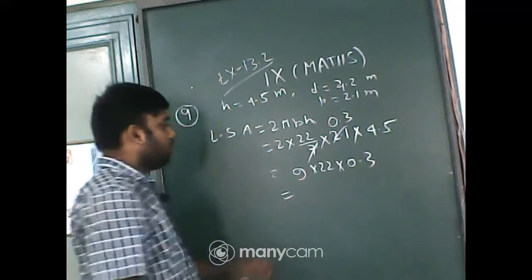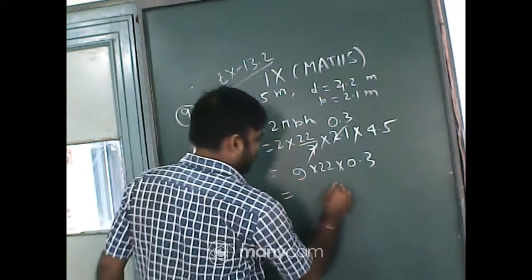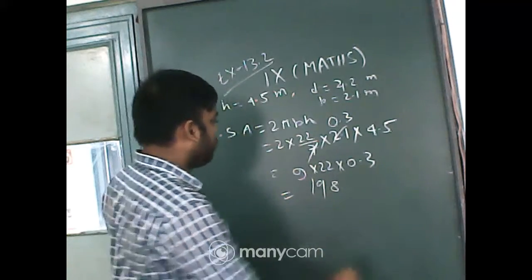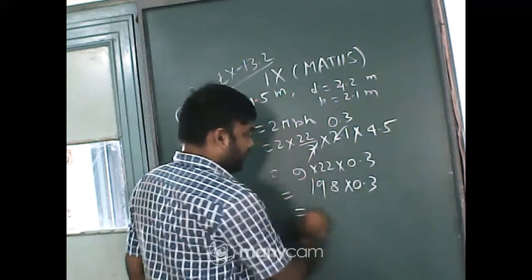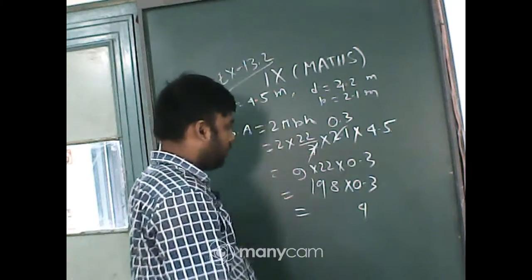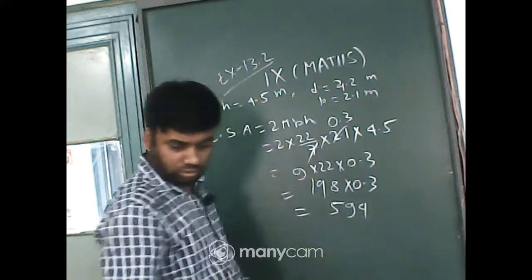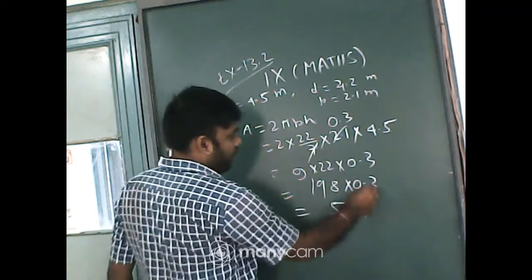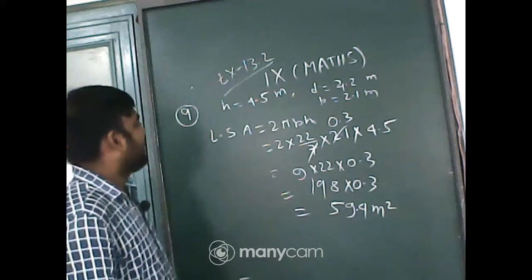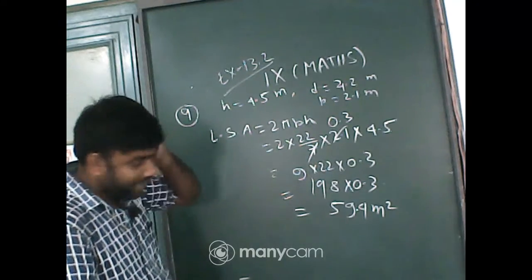Now students, 9 into 22, what will be the answer? 198, into 0.3, so after one digit, 59.4 meter square. It is the lateral surface area or curved surface area of the cylinder. Got it? Yes, 198, Suhit.